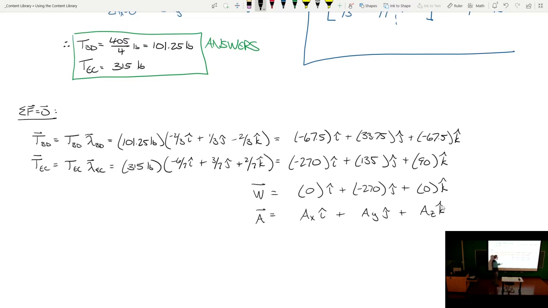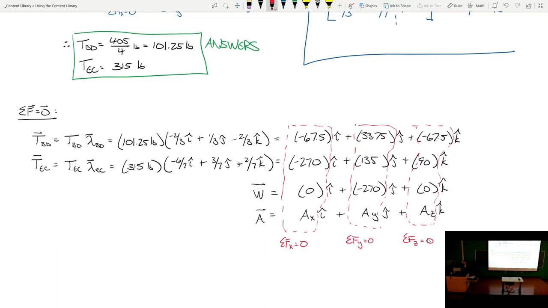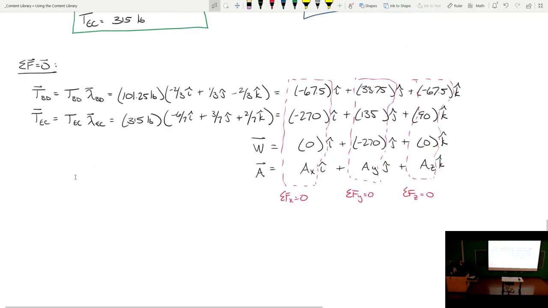And the reason I've written it in this way is now I can sum up these columns. So this is sum of forces in the x direction, sum of the forces in the y, sum of the forces in the z. And so you just check it out.